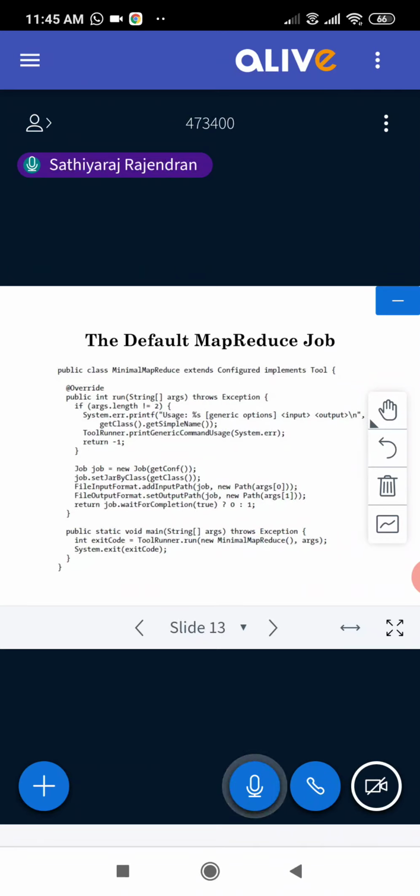Here a small program is given, and this is an example of a default MapReduce job. This is what happens when you run MapReduce without setting a proper mapper or reducer function in a program.